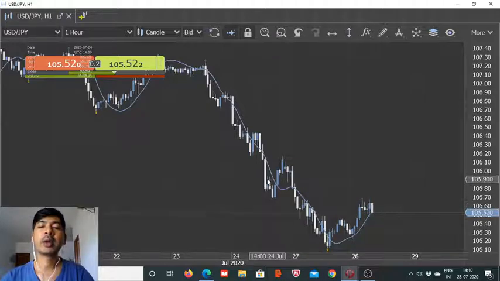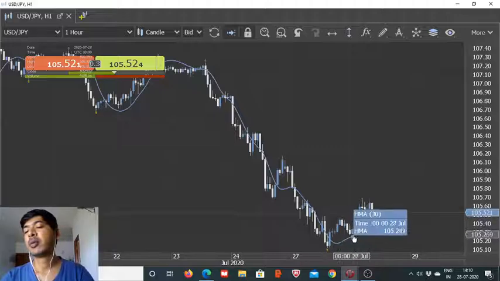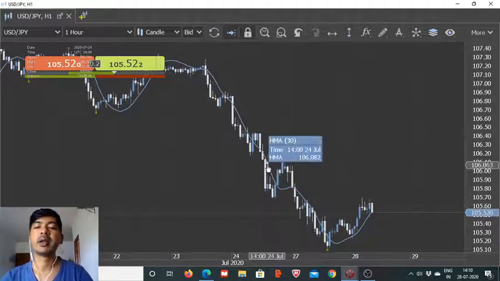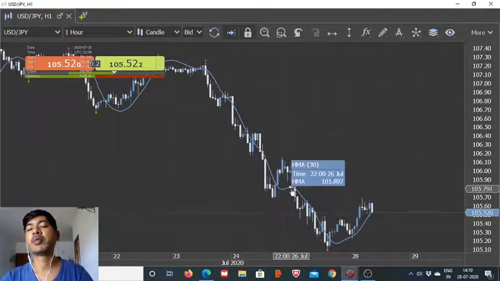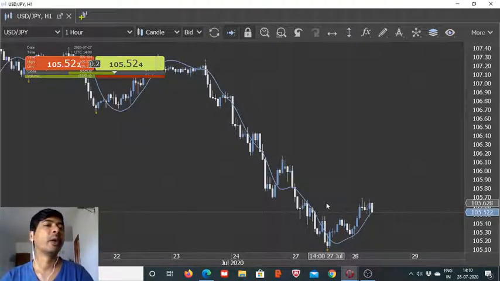And also to make sense of changes, the turnaround in the USD JPY price action, you can also use the closing levels of hourly candle. If it is below that, that means the momentum is weak, and if the closing is above that, that means it is having a bullish tendency.